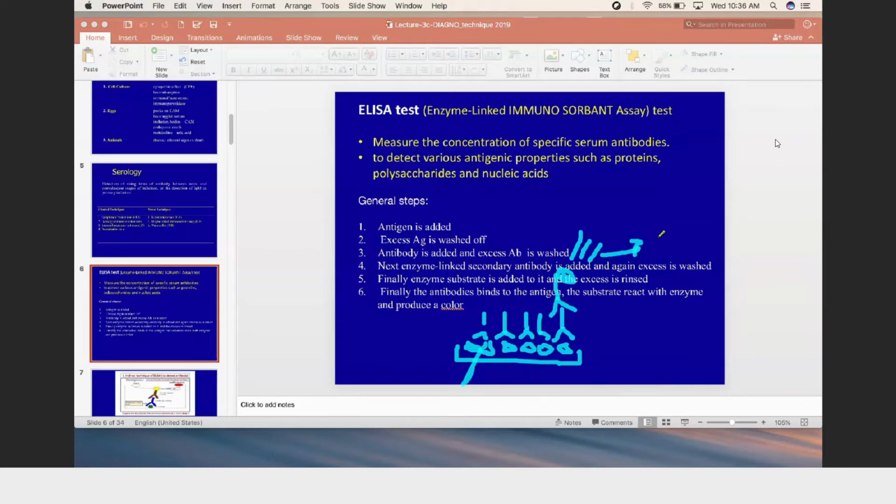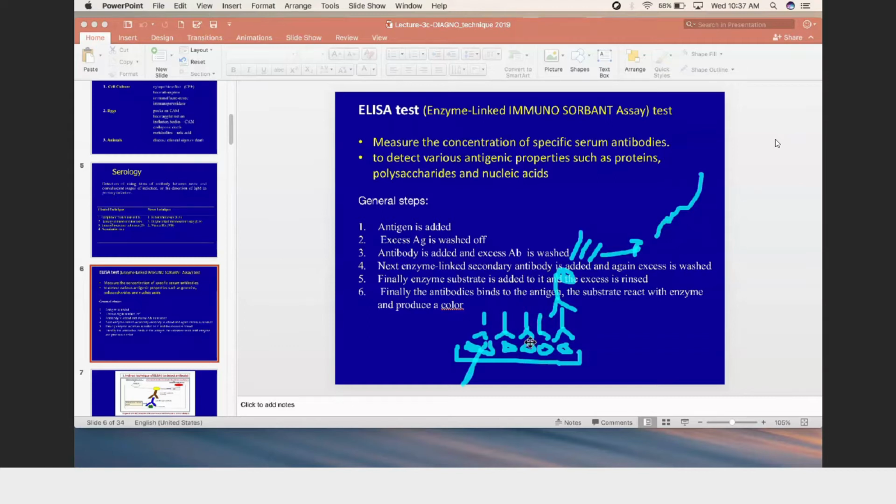So it becomes colored. If there is no antibody binding, the chromogen, or we will call it substrate, cannot react with the enzyme. So there is no color. What does it mean? Now, if you have a lot of antibody bound to this antigen, the enzyme-linked antibody binding to the first antibody also becomes many and many.